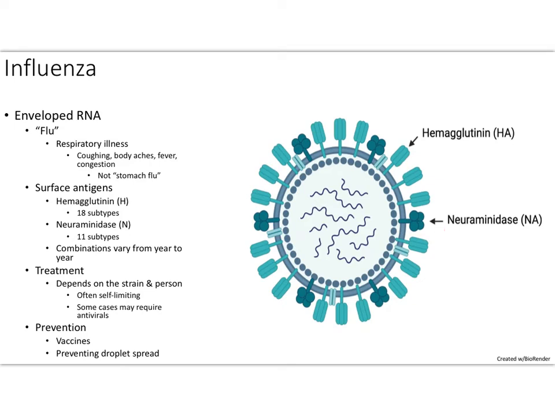Hemagglutinin is involved in causing primarily our red blood cells to kind of clump together. And neuraminidase is an enzyme that the virus uses for primarily entry and sometimes exit from the host cell as well.